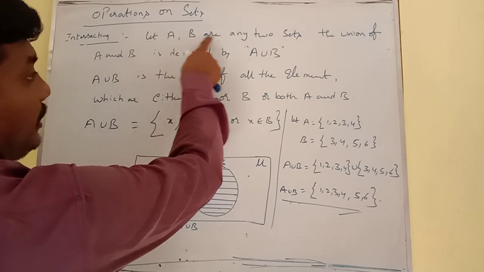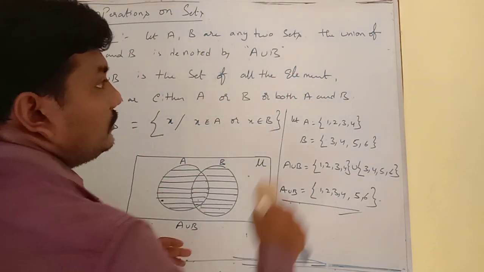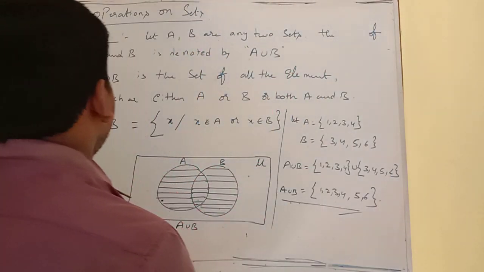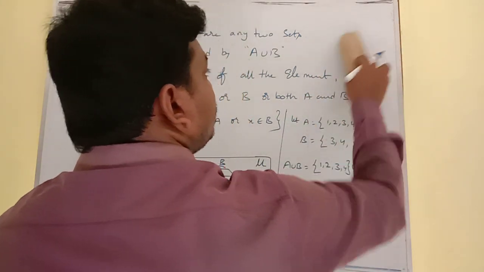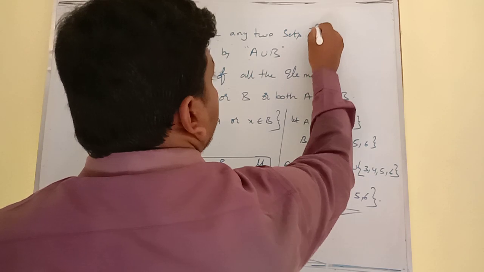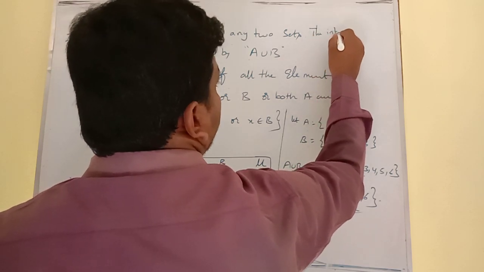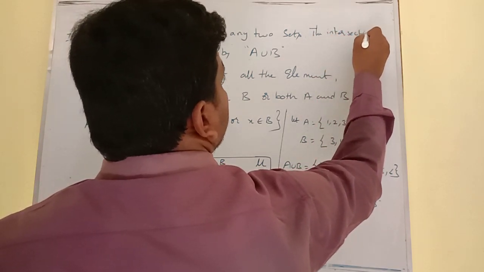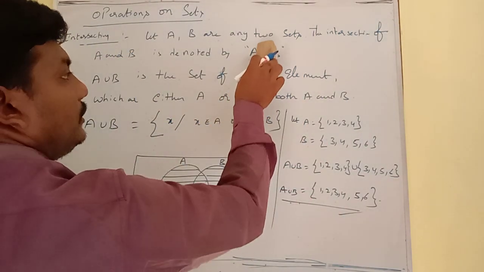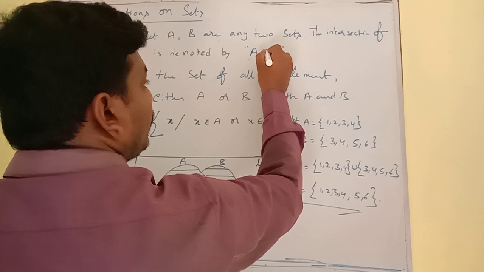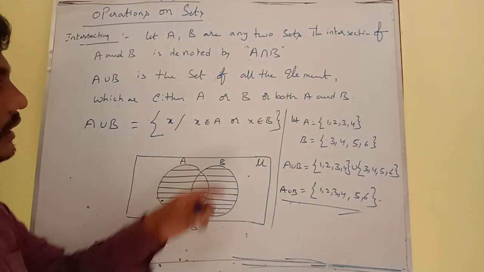Let A, B be any two sets. The intersection of A and B is denoted by A intersection B. This is called cap.